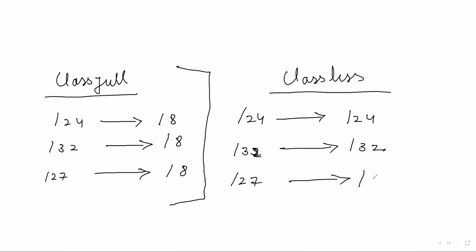So this is the main difference between classless and classful. In classful, subnet mask information will change by default to /8, and in classless, your subnet mask information will not change. Okay, I told you in brief, but in one of my videos, I talk about it in depth.